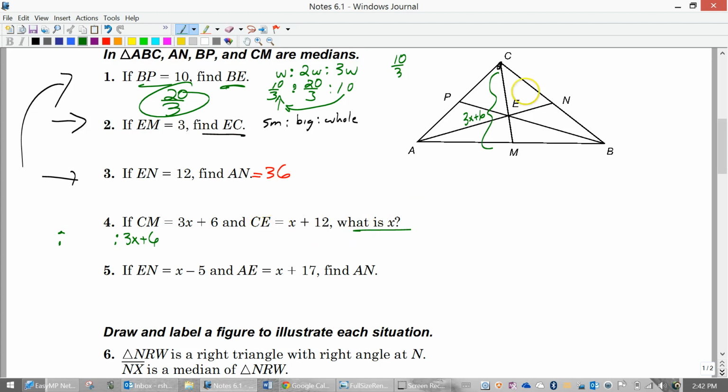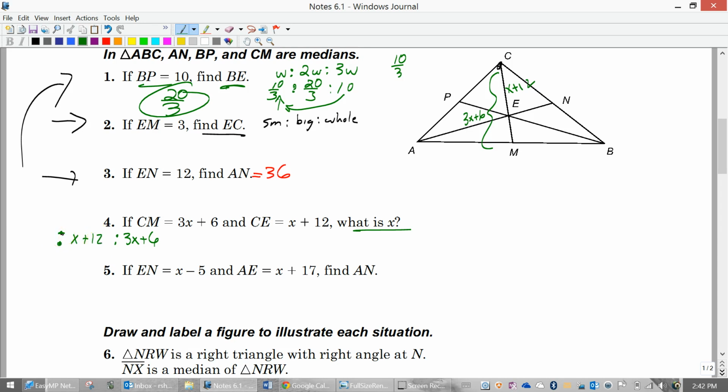But we know what CE is. CE is x plus 12. Is that the big part or the small part? That would be the big part, right? We're given the larger part, or the big part, we're going to call x plus 12. And we need to figure out what x is in the end.